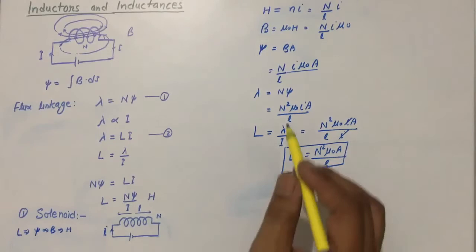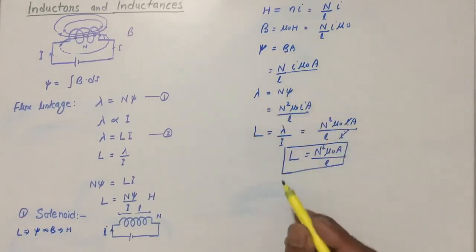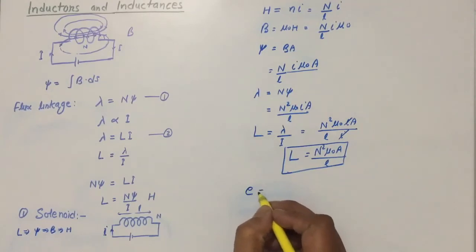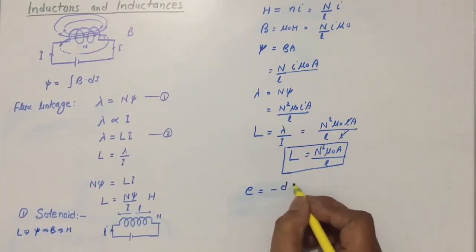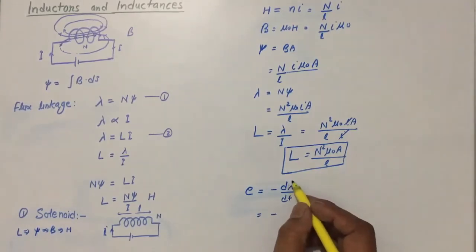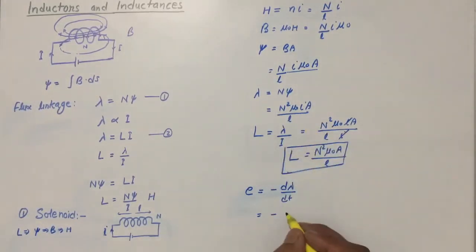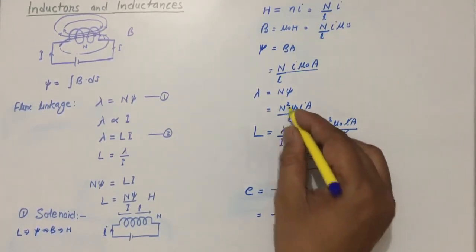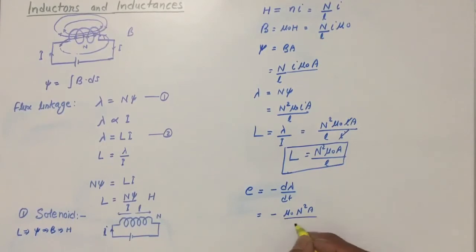And if the flux linking to the coil is changing, then EMF will be produced. Induction principle, we have studied Lenz's law, induction principle. And from here we can say minus mu naught N square A divided by L, and I can be written as di, that is due to the change in the current only, divided by dt.